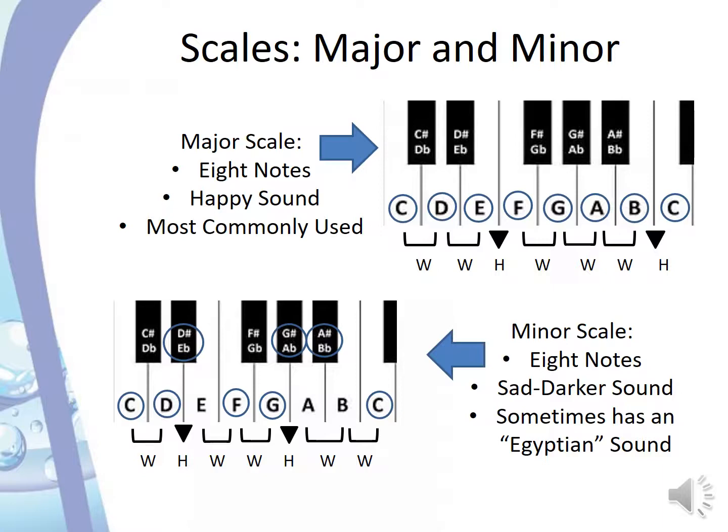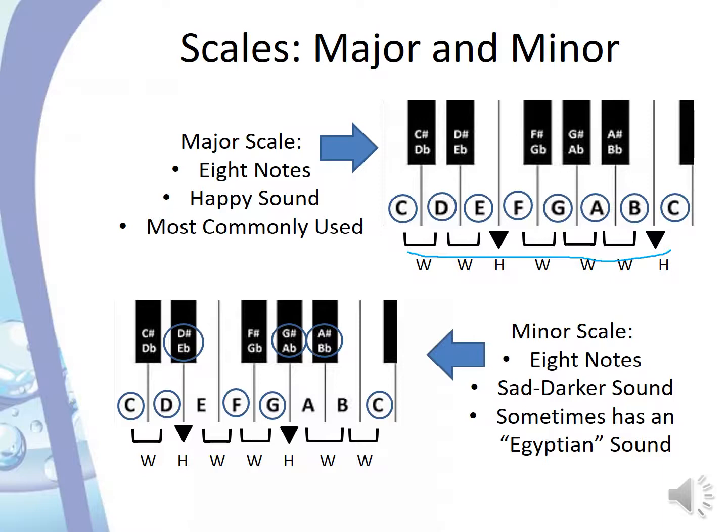When looking at a piano, a major scale, as you can see, is usually 8 notes long, and when we hear it, it sounds very, very happy. This is the most commonly used scale, and you can see underneath the order of whole steps versus half steps.